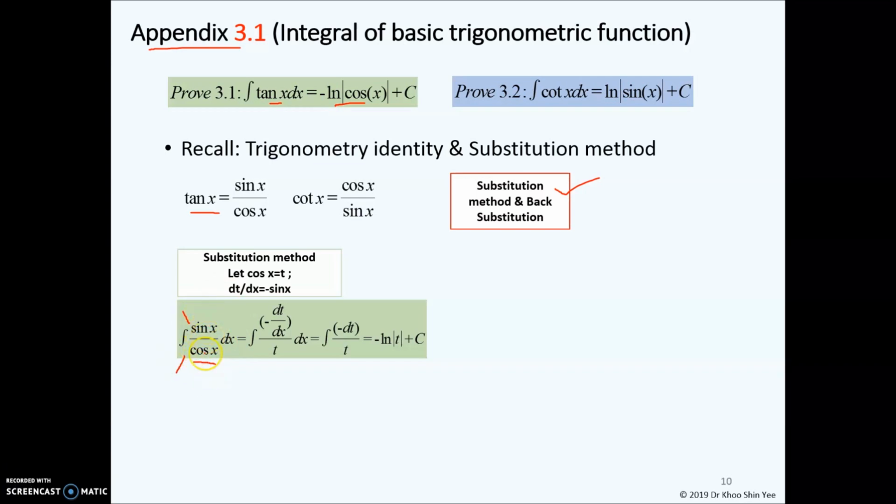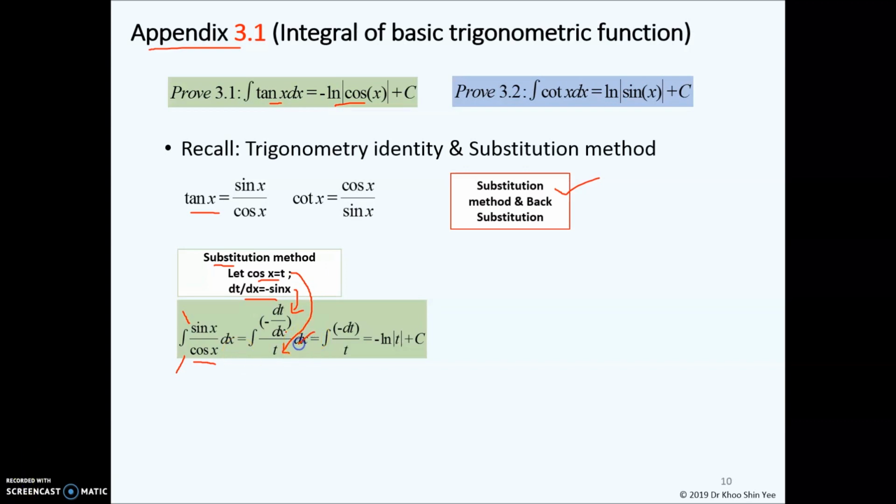So there is a relationship where we can use the substitution. We let t equal to cos x, dt over dx gives negative sine x. So sine x will be negative dt over dx from here. And then you can substitute your t for cos x here.